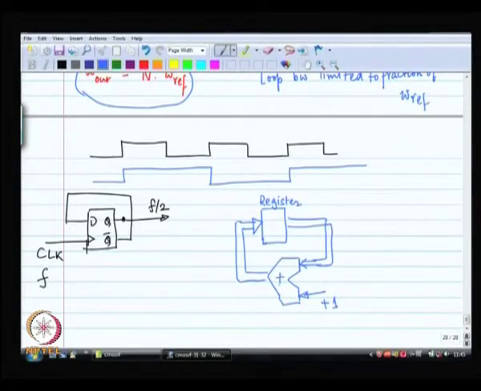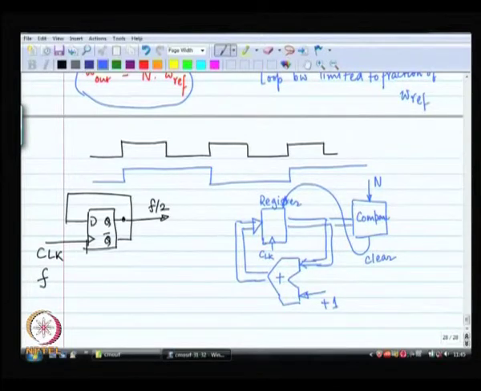I could employ something like this, okay, and every time the register hits a value of n, whenever it hits a value of n, I am going to clear the register.